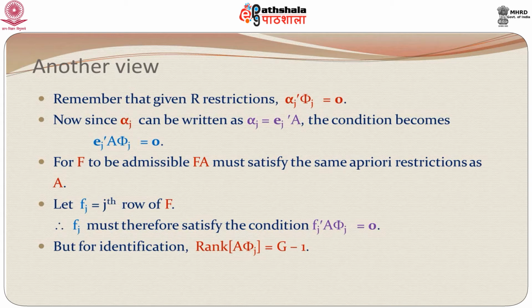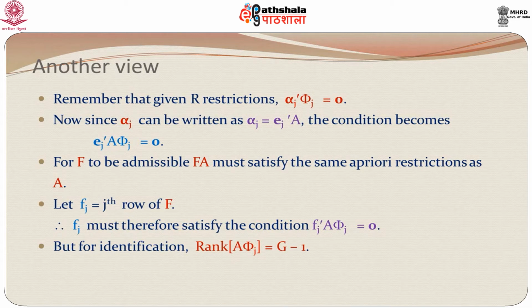What does that mean? That means that, mind you, A phi j is G minus 1 ordered. So, in fact, it has order G, and if I pre-multiply this by any vector, there can be at most one orthogonal vector. But we have seen that A phi j pre-multiplied by E j actually gives us 0. So, E j prime is orthogonal to it. A phi j pre-multiplied by F j gives us 0.